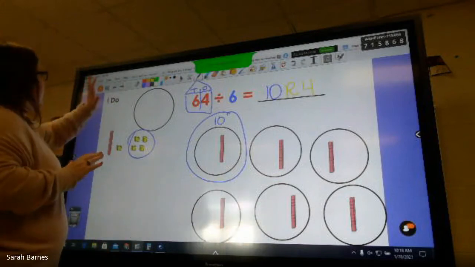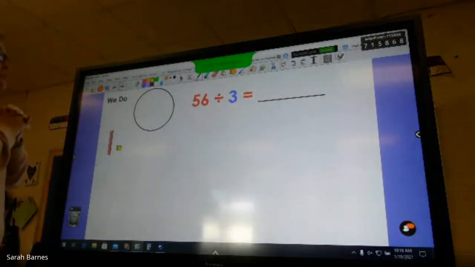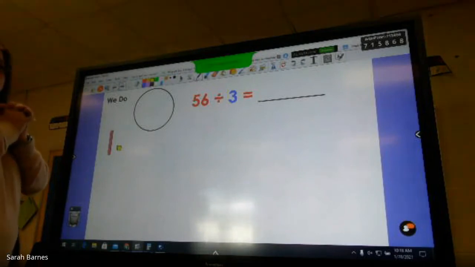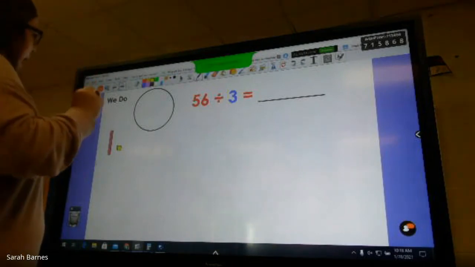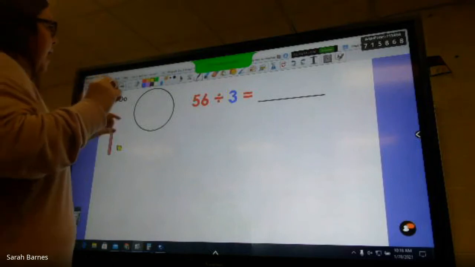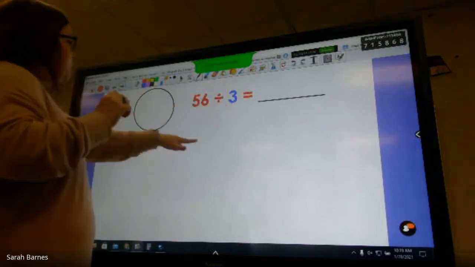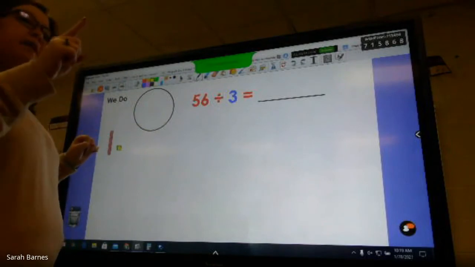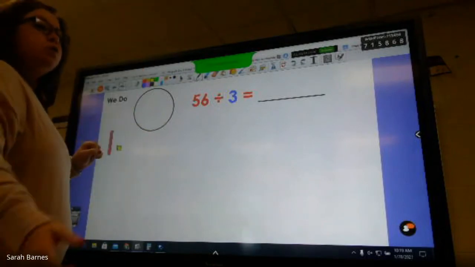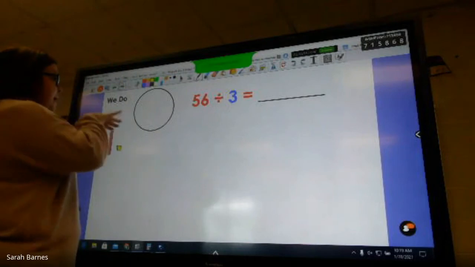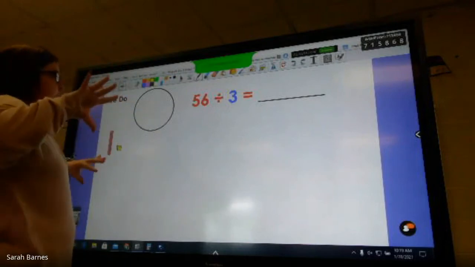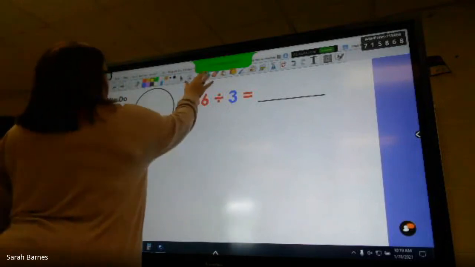All right, so let's try another one. Let's do this one together. Now, I can see that I have a divisor of 3. So I'm going to pull my 3 circles down. And I want you to do this with me and tell me how to do it.